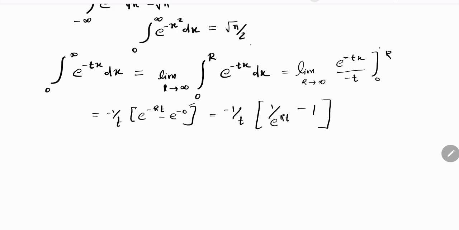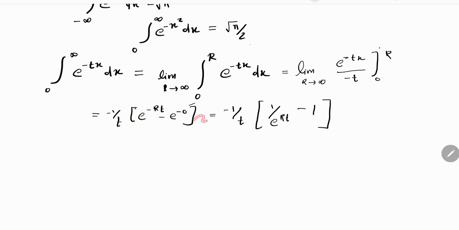Applying the limit, integrating this function gives exponential minus tx divided by minus t, from 0 to r. Taking minus 1 by t outside, we get exponential minus rt minus exponential minus 0.